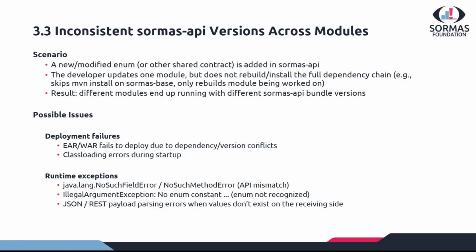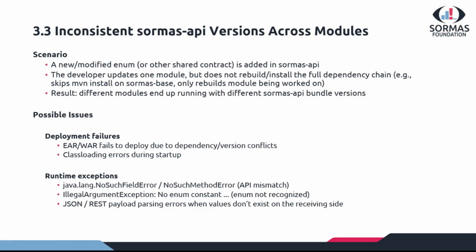Then that's all you need to do there. You go to the SORMAS UI module and make the necessary adjustments to accommodate this new value. Maybe another field is to be hidden based on this new value.